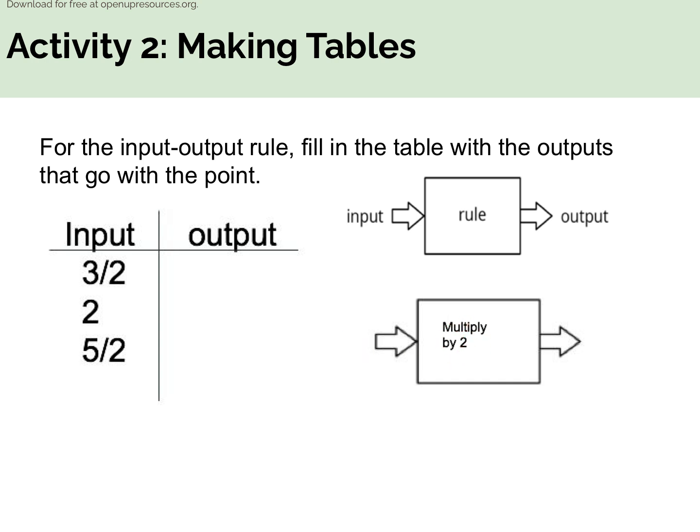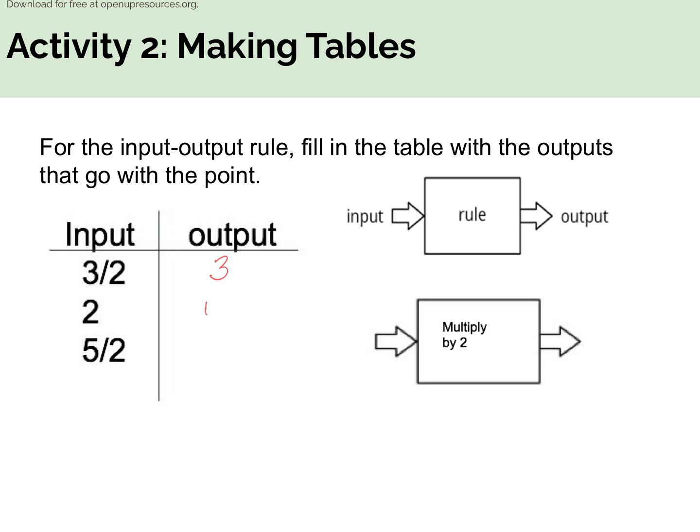So grab your calculator, do 3/2, multiply that by 2, press enter, and what is our answer? Our answer is 3. Now we're going to change our input. Our input is 2, and we multiply it by 2.